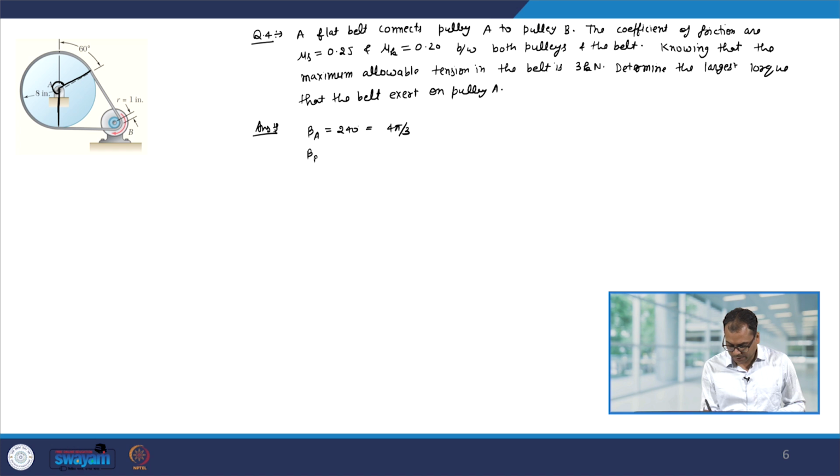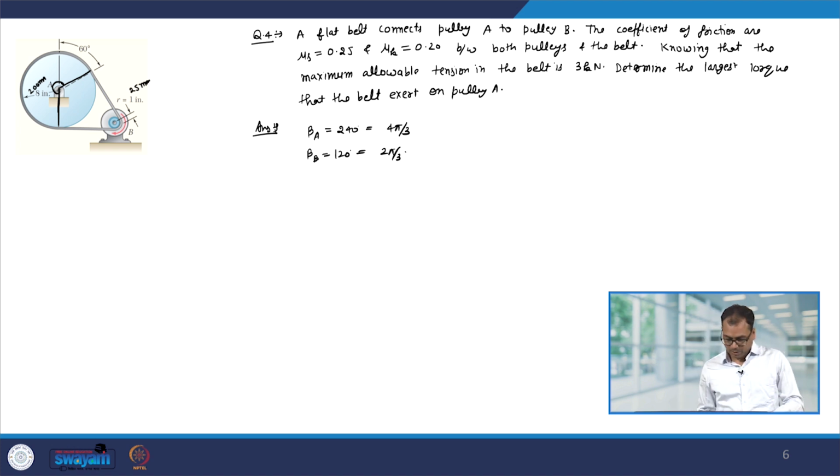Similarly, beta B will be 120 degree, and this is 2 pi by 3. Now, the radius of pulley A is 8 inch, which can be written as 200 mm, and the radius of pulley B is 1 inch, which is 25 mm.